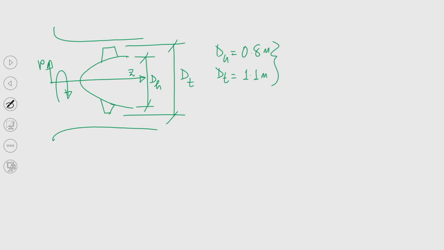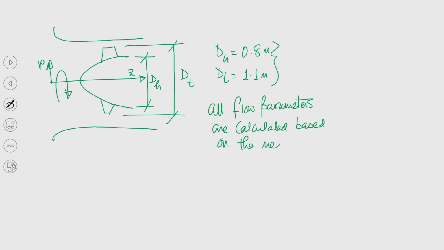So, basically what is done, all flow parameters are calculated based on the mean diameter.